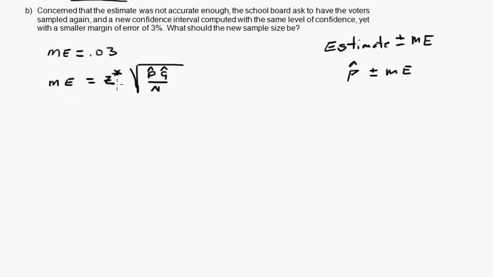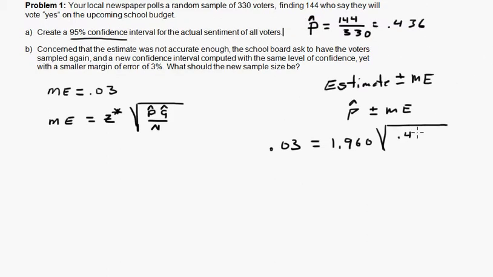So what we can do is with 95% confidence, I'll do it over here with the numbers. So we want a margin of error of 0.03, and for 95% confidence, our z star is 1.96, and then our estimate of the true proportion, it's the best we have, is this.